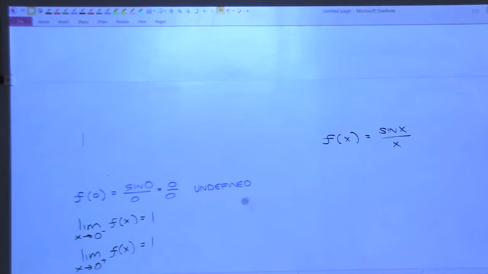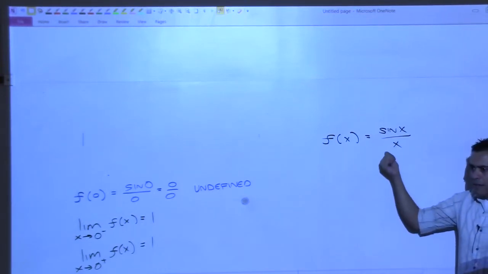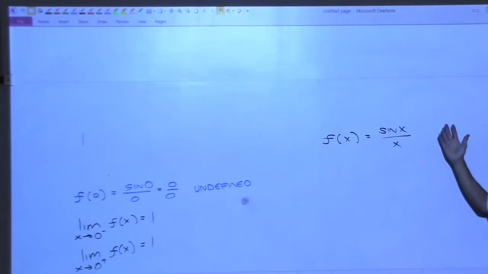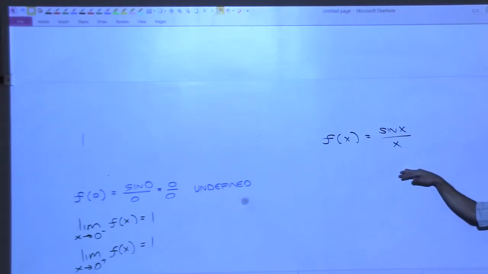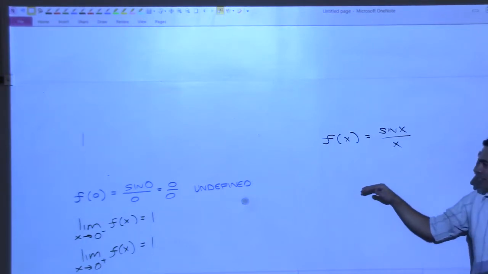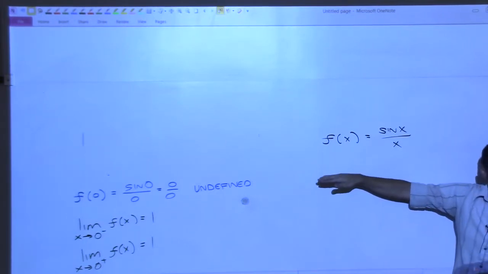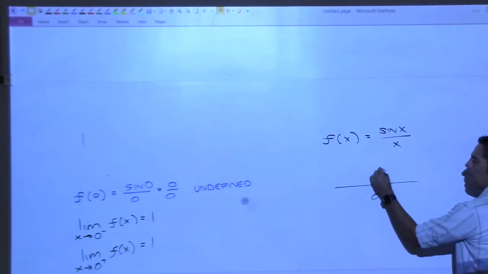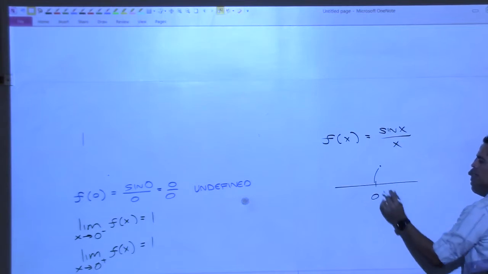You could start plugging in values, right? You could plug in like 0.9, 0.99, 0.999, 0.9999, and you keep doing that. Let me get my number line, 0. You help me get some points.